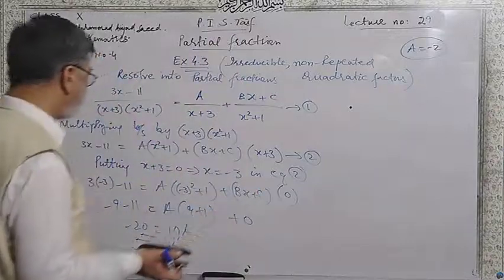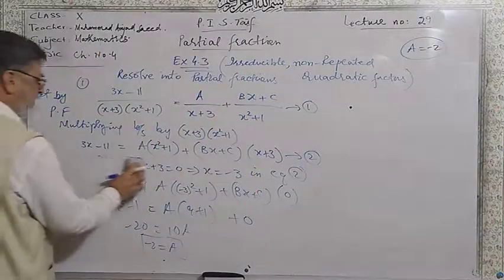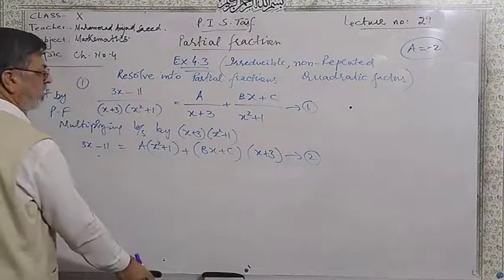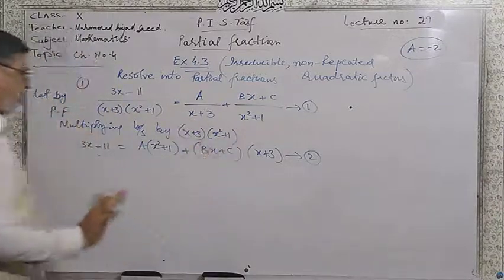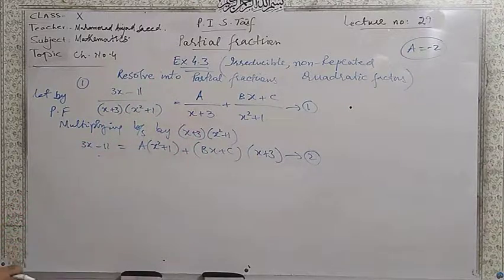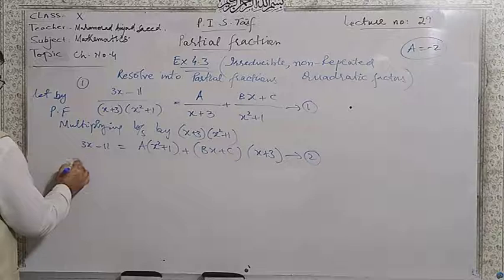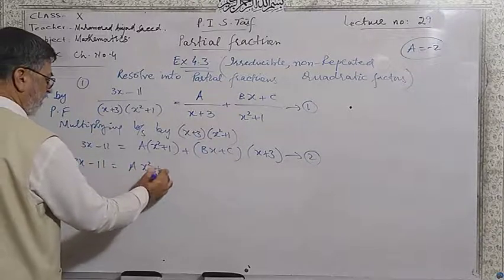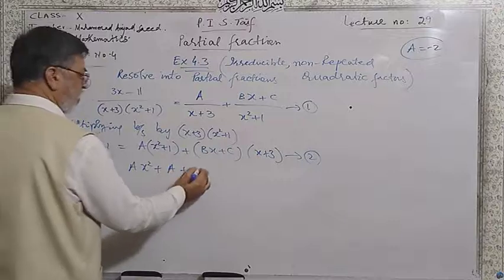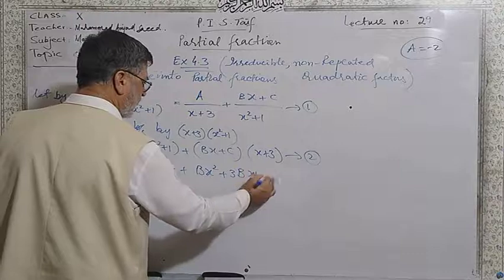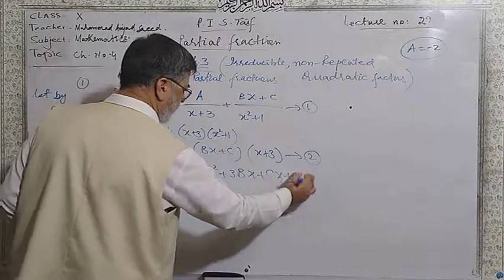After that, because we can use the putting method only for x plus 3, that was one factor, the next constants will be found with the help of the comparison method. Here is 3x minus 11 equal to Ax square plus A plus Bx square plus 3Bx plus Cx plus 3C.